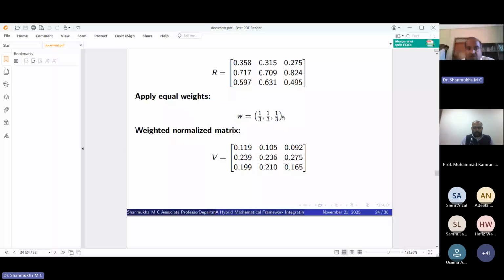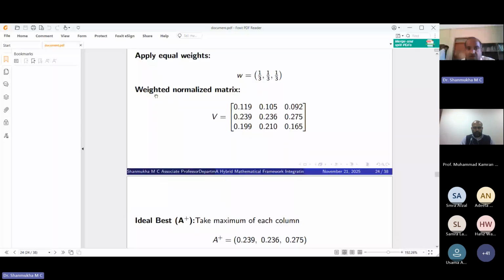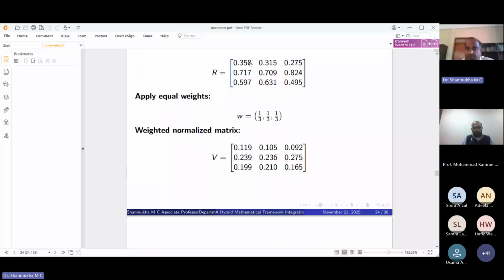Then we write the weighted normalized matrix. Weighted normalized matrix V is equal to the product of 0.358 with 1 upon 3, 0.119. Then 0.315 into 1 upon 3, 0.105. 0.275 into 1 upon 3, 0.098. In the similar manner, we obtained second and third row values.